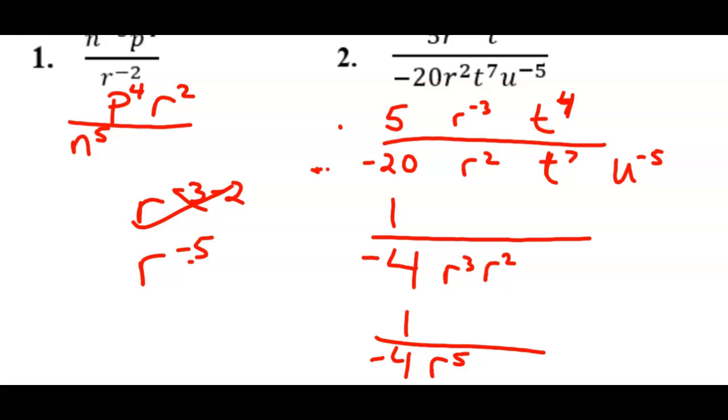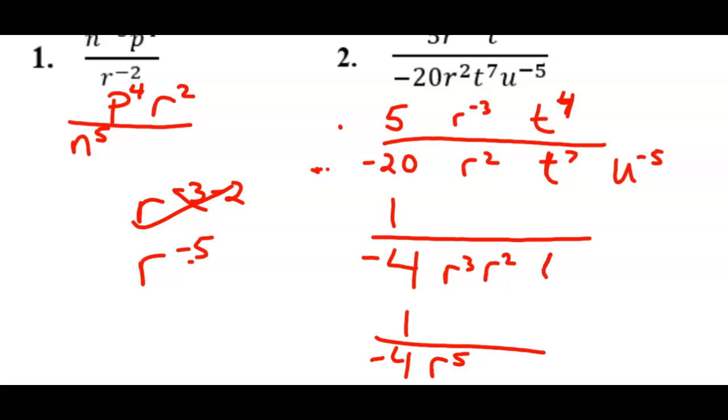Wherever that bigger number starts, subtract the bigger number by the smaller number, and wherever the bigger number starts is where your answer is going to end up. Because if I had t to the negative 3, I'd have to put it in the bottom of it. Yes? Are you following me? So 7 minus 4 is 3.